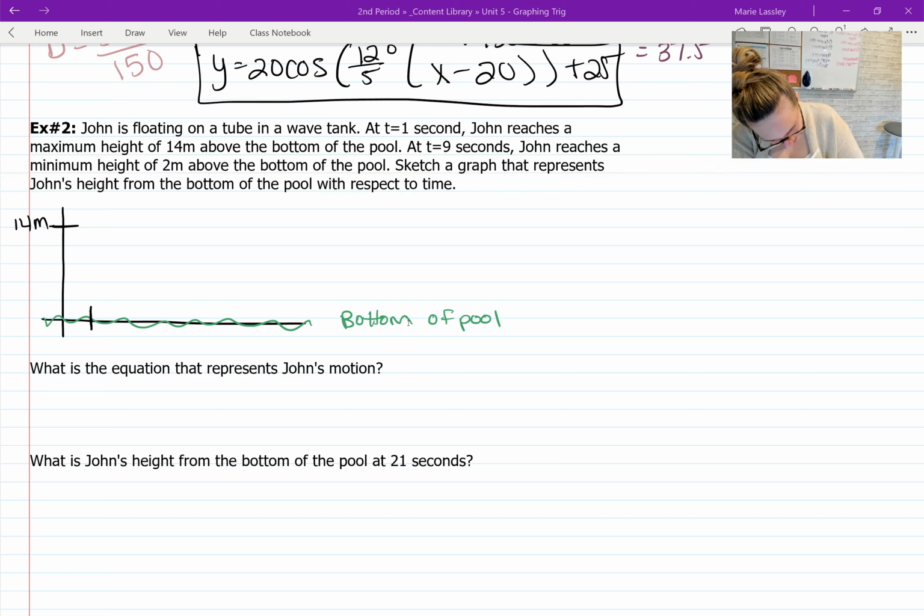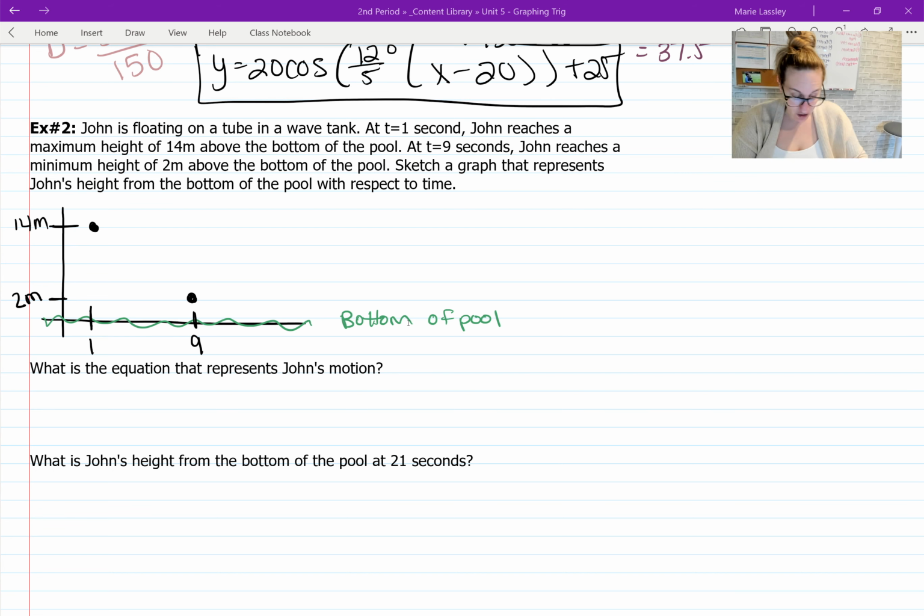So we have this point so far on our graph. All right, then it says at t equals 9 seconds, John reaches a minimum height of 2. So we know that 2 is our minimum, and after 9 seconds he reaches that minimum value. So we have this point right here.